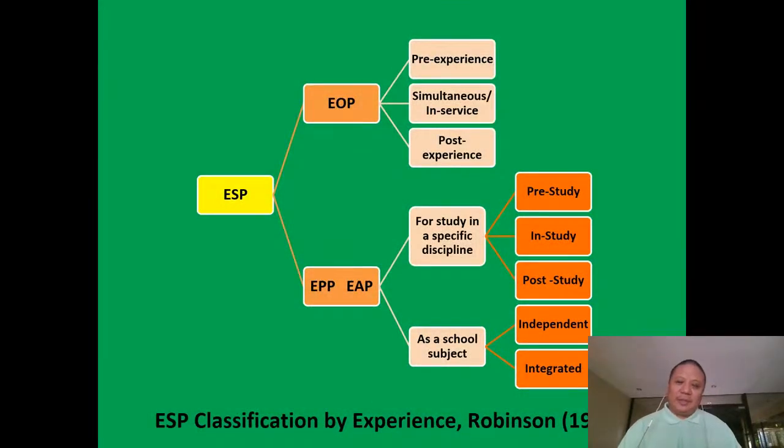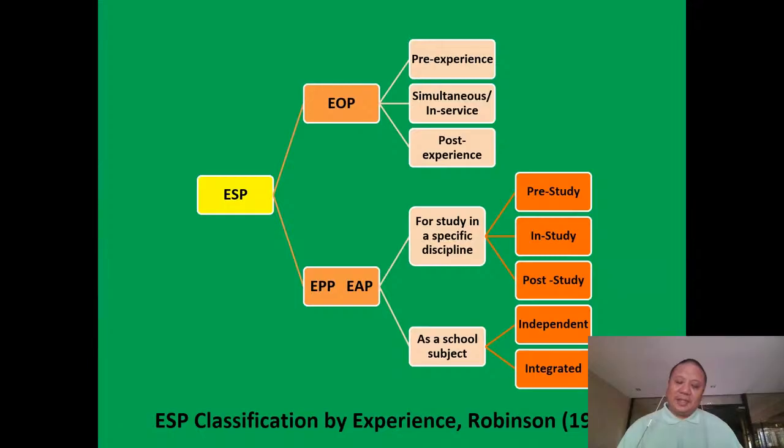So ESP could be English for occupational purposes, English for professional purposes, or English for academic purposes. So EOP, English for occupational purposes. Maybe it's pre-service, in-service, or post-service. It could be English for professional purposes.